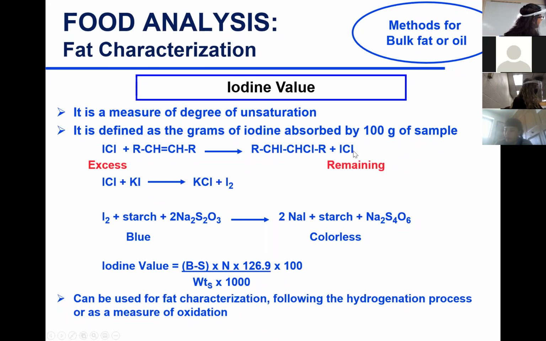The remaining iodine chloride is reacted with potassium iodide, and you get iodine. The iodine in the presence of the starch indicator, so now you add your indicator, which in this reaction is starch, gives you blue color. The more iodine you generate, the more blue color you have.